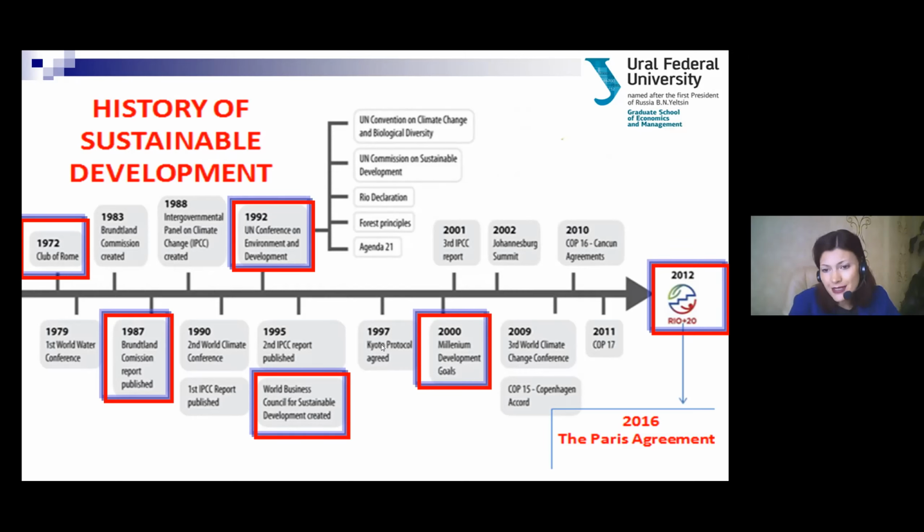And of course, at the same time, you could see the Kyoto Protocol agreed in 1997. And another key thing is a conference in Rio, which took place 20 years after the first UN conference on environment and development, and the Paris Agreement on climate. Let's see what was offered.